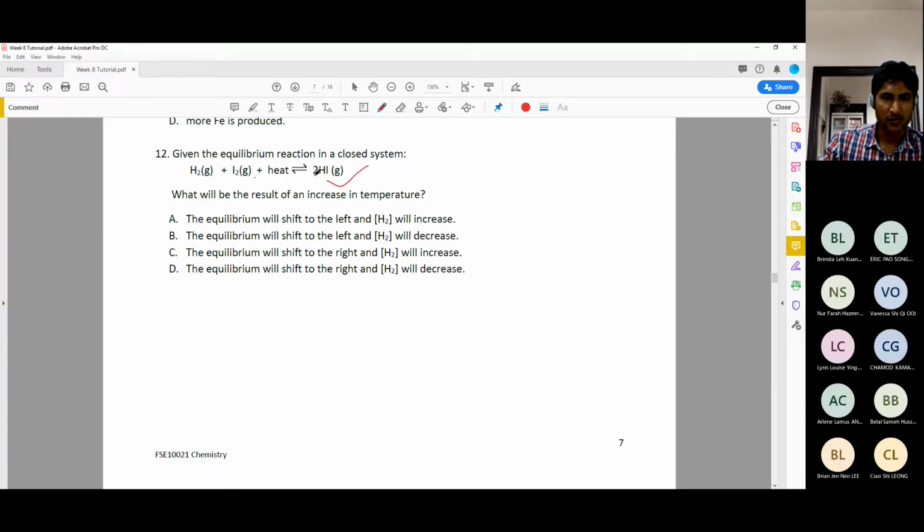But how is more hydrogen iodide produced? Of course, hydrogen and iodine have to be reduced in the system. Only then will hydrogen iodide be produced, because it's an endothermic reaction. So if you put in more heat, it is favorable for the reaction to occur.